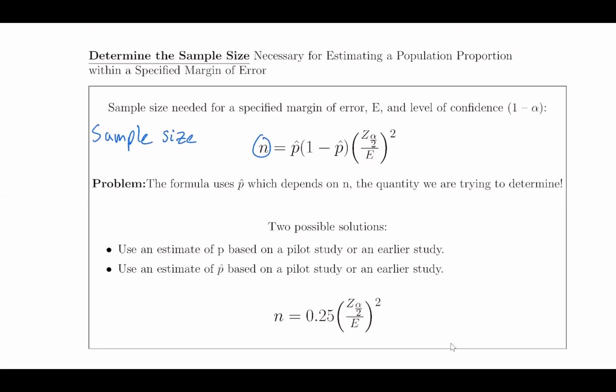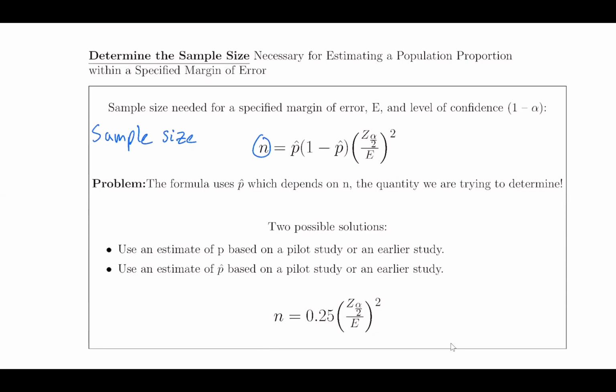For this type of problem, they're gonna tell you, hey, we have a margin of error and we want it to be 90% or 80% confident. How big of a sample size should we get? It depends on how big or small we want the margin of error. If we want a small margin of error, we're gonna need a big sample size, because if you want it to be accurate, you need a big sample size.